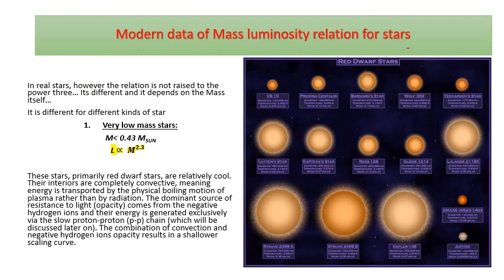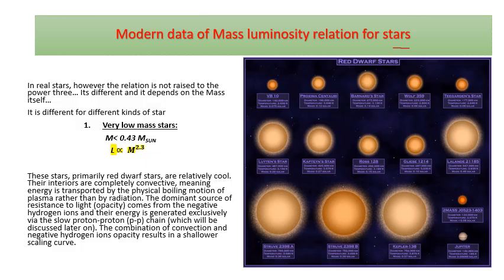So modern data, the data that we have right now of this mass luminosity relation, is not like a constant. It's not like the mass raised to the power 3 is always there. For example, in real stars, for very low mass stars, where the mass is less than 0.43 solar mass, the luminosity is proportional to the mass raised to the power 2.3.